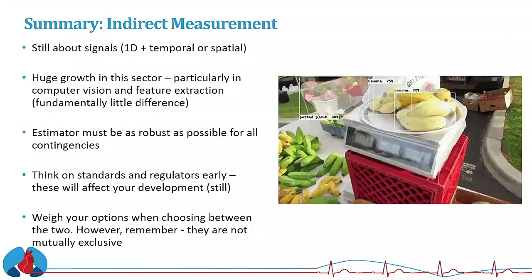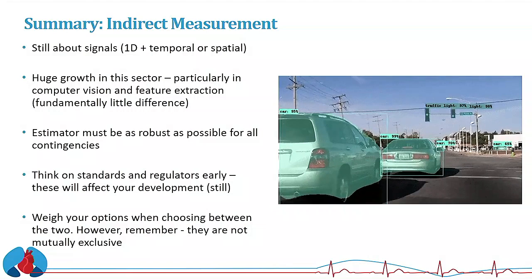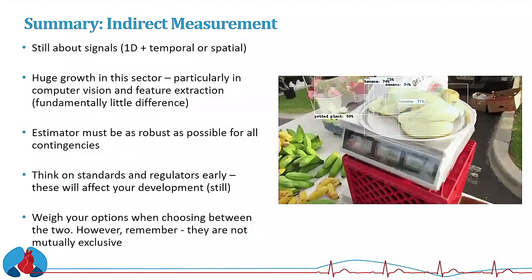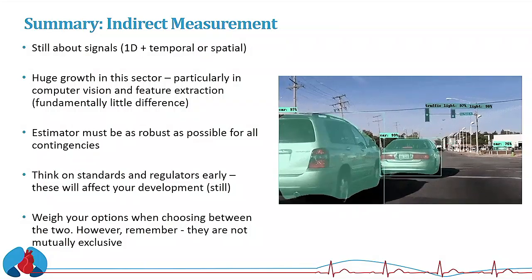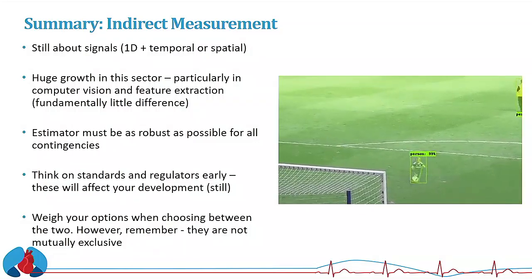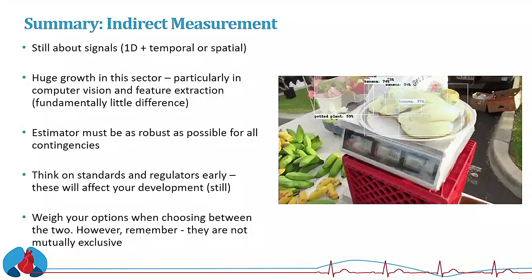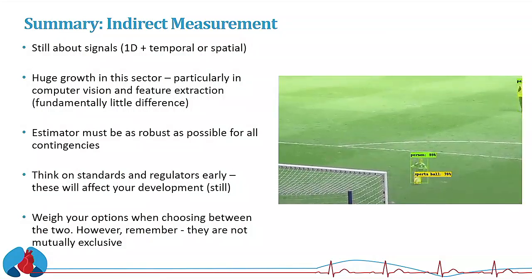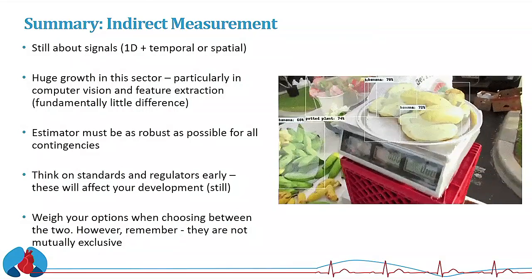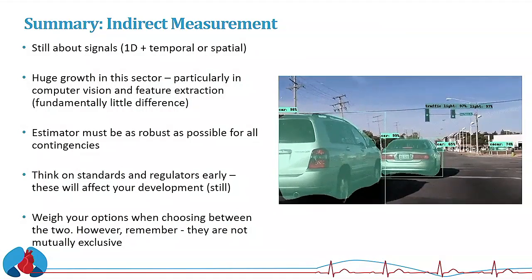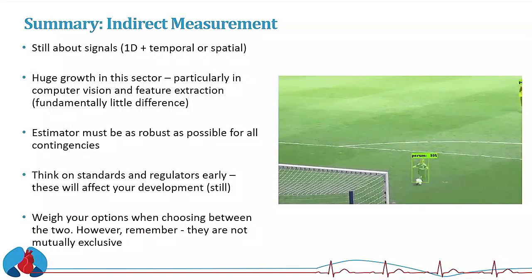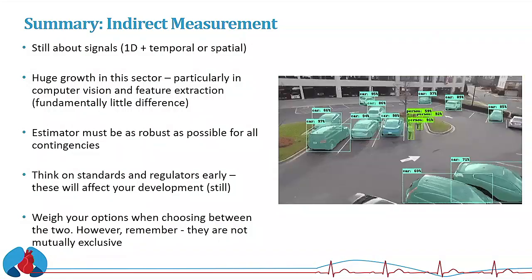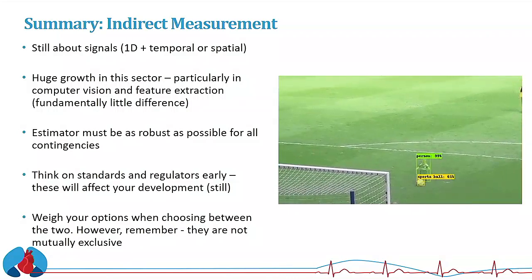So the estimator must be as robust as possible for all contingencies. You just have to do your best as an engineer to identify as many things that can go wrong. Still think on standards early, as they will still affect your development, and weigh your opportunities when thinking of between indirect and direct measurement, because remember they're not mutually exclusive, and redundancy can be weighed up against complexity and the criticality of the application which you're using.